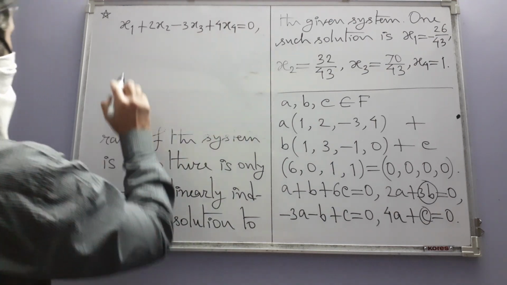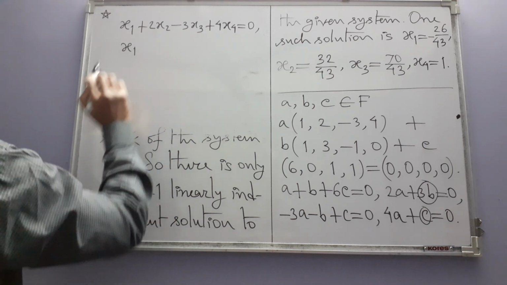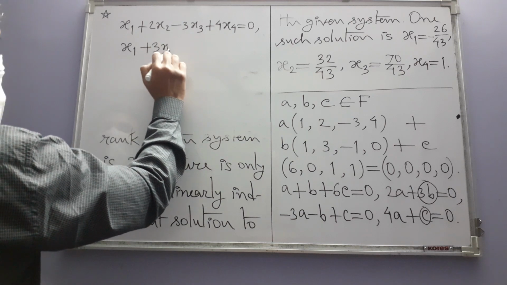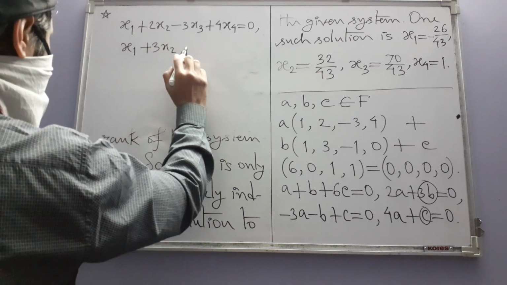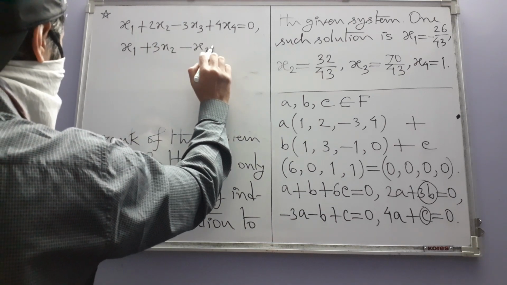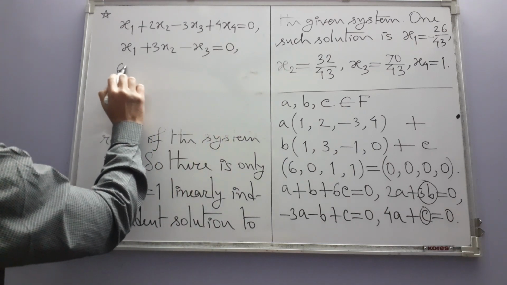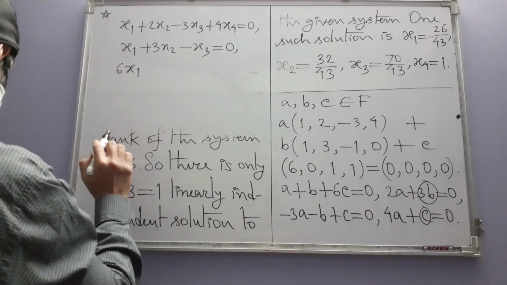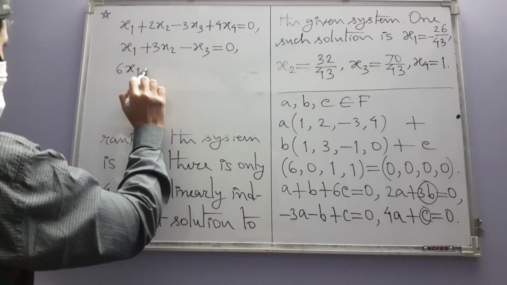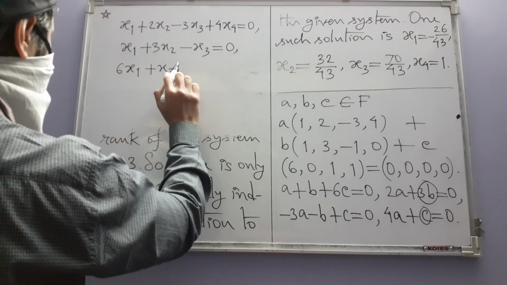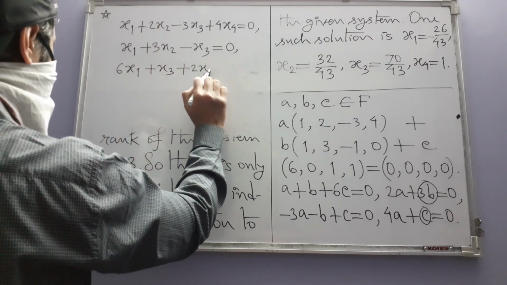Then x1 plus 3x2 minus x3 is equal to 0, and 6x1 plus x3 plus 2x4 is equal to 0.